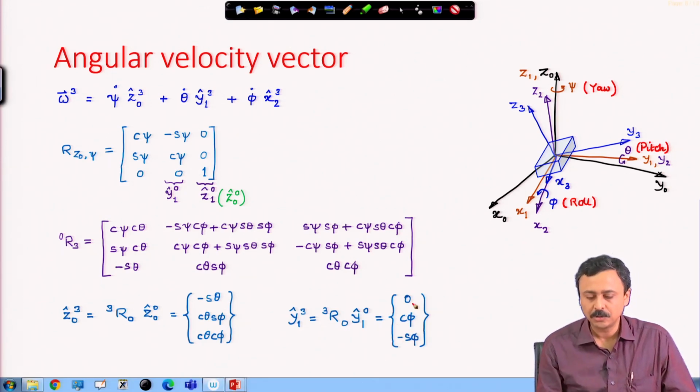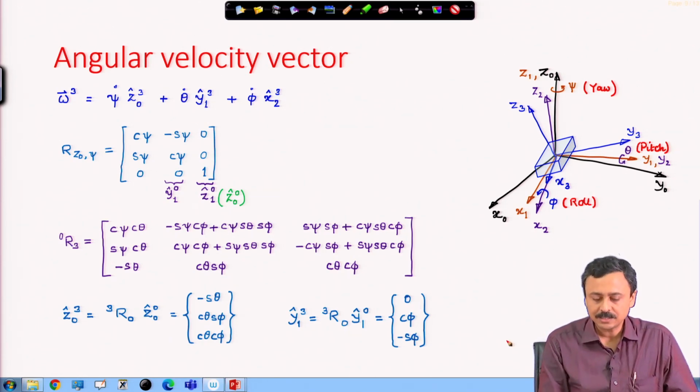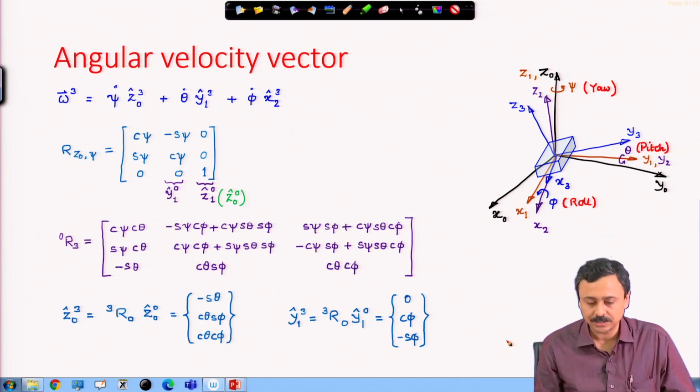I get 0, cosine phi, minus sin phi, that is y 1 represented in x 3 y 3 z 3.